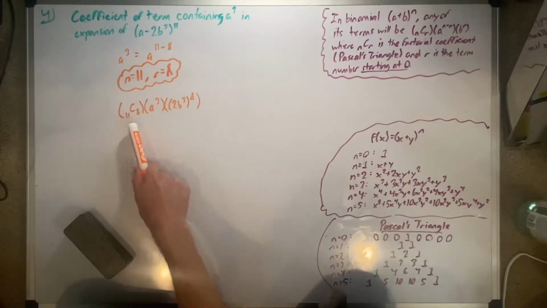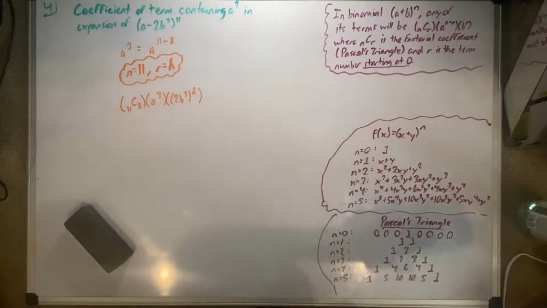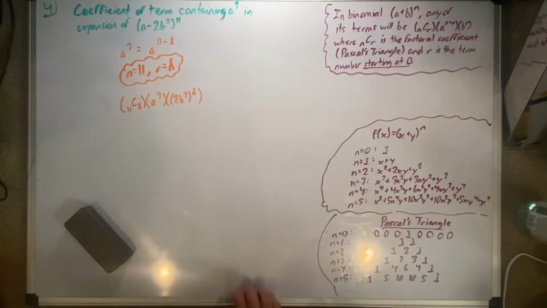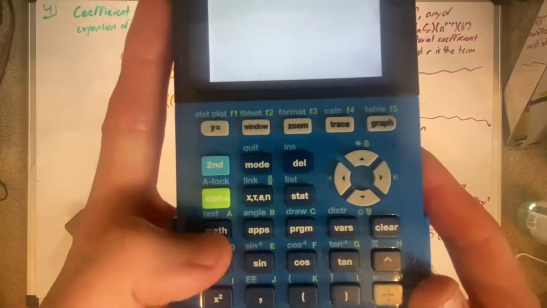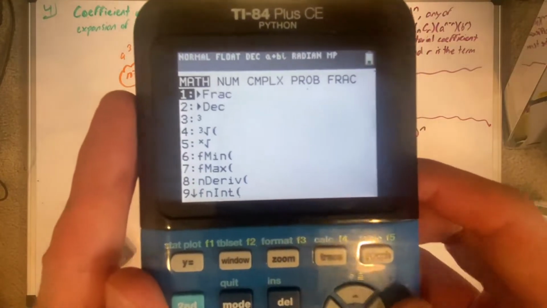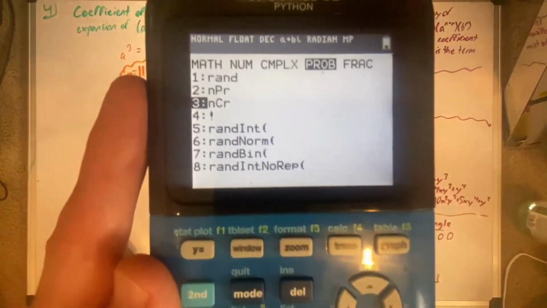So now let's talk about this factorial nonsense. There's a very complicated way that this works out to be. I'll show you first how you get to it on your calculator, and then I will solve it without use of a calculator. You will go here to math, click this side button to go to probability, find nCr.